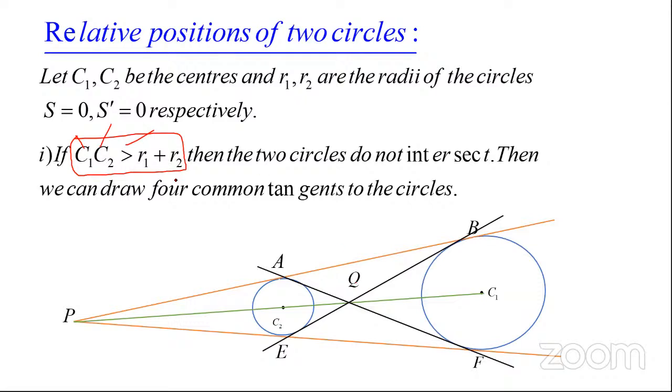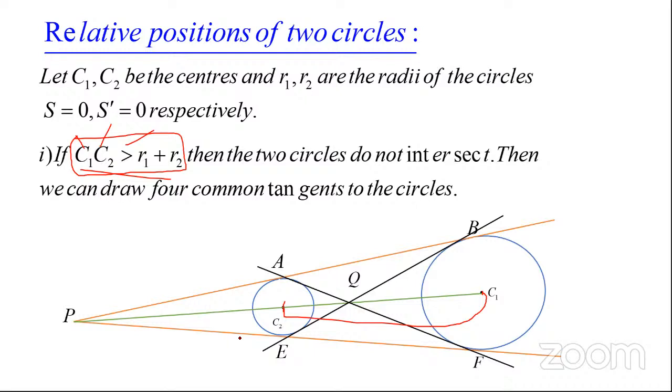Next, going to C1C2, where the C1 value is here and the C2 value is here. You have to find the distance between the two points, which is the square root of (x1 minus x2) whole square plus (y1 minus y2) whole square.